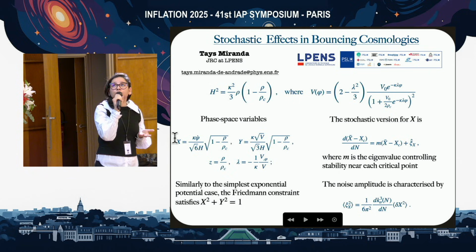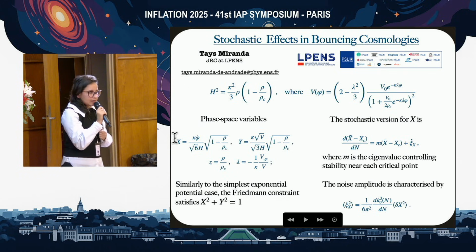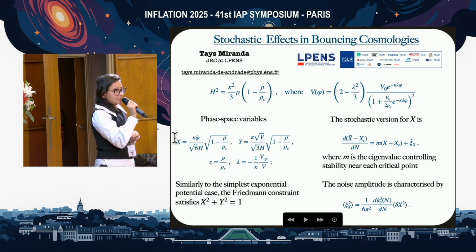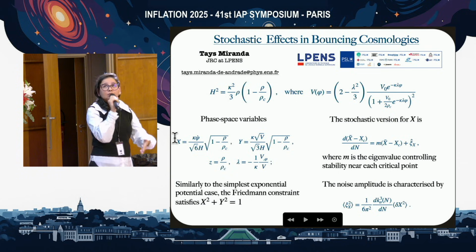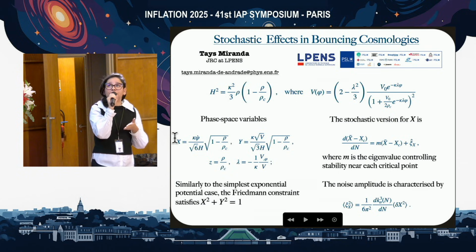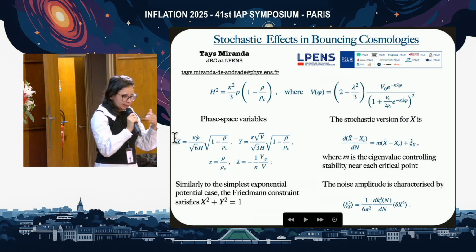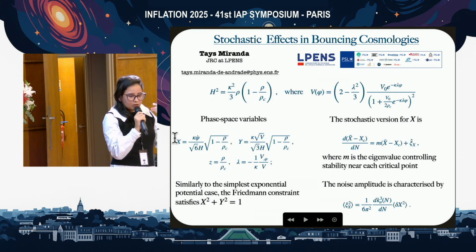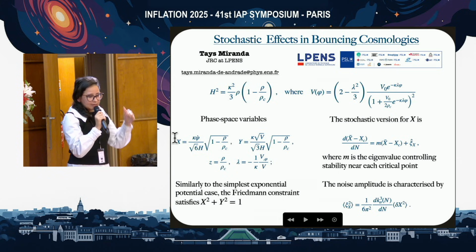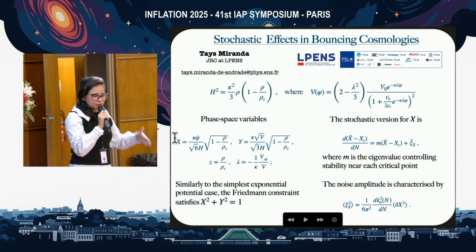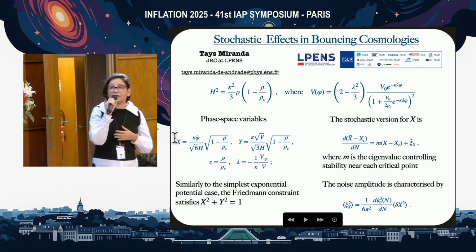role of quantum diffusion? Our approach is to implement the stochastic formalism directly in the phase space variables. In this way, we have the evolution of the setup during the bounce, but also in the contracting phase and in the expanding phase.